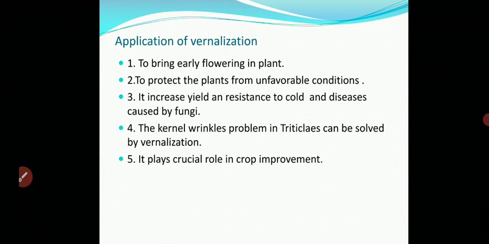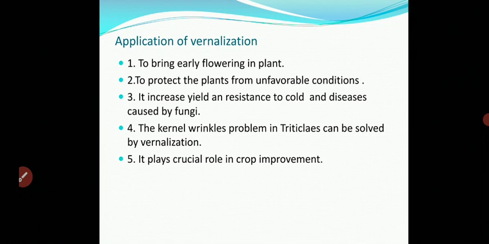Photoperiodism is mediated through florigen and vernalization is mediated through vernalin. The effect of photoperiod cannot be reversed, but vernalization can be reversed by exposing the plant to higher temperature, that is devernalization.